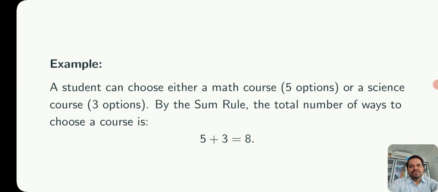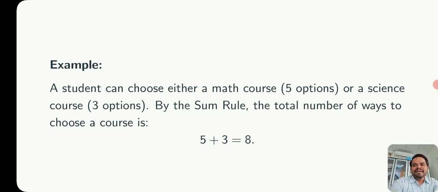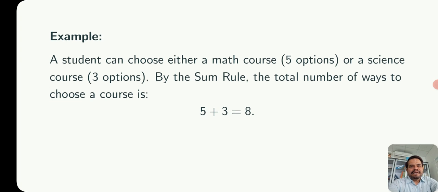There are 5 different math courses and 3 different science courses. So how many total choices does the student have? The student has 8 choices, choosing either a mathematics course or a science course. Thus there are 8 different ways for a student to choose a course.